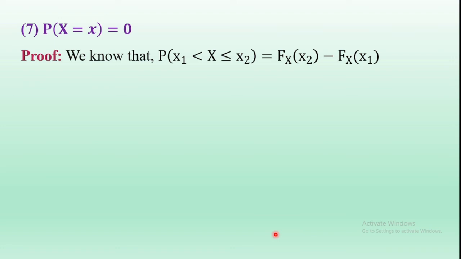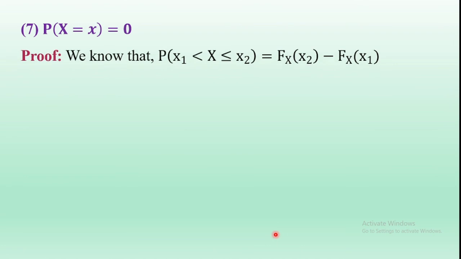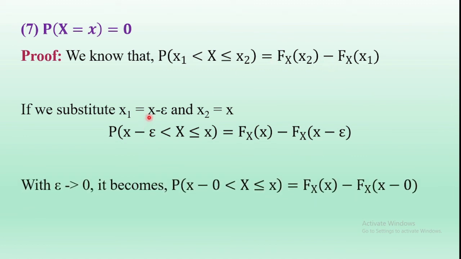We know that using the fifth property of the cumulative distribution function, probability of x1 less than X less than or equal to x2 is equal to Fx of x2 minus Fx of x1. Using this property, if we substitute x1 equal to x minus epsilon and x2 equal to x, we get probability of x minus epsilon less than X less than or equal to x is equal to Fx of x minus Fx of x minus epsilon.